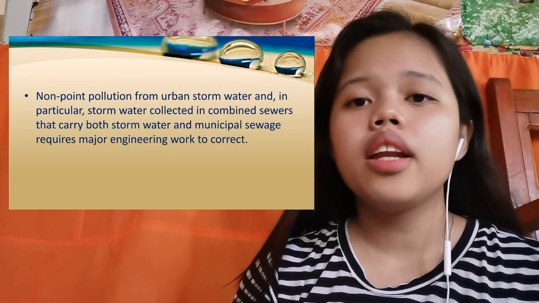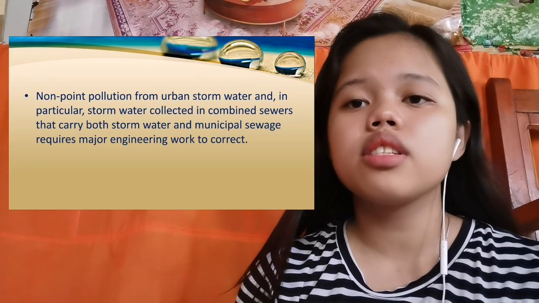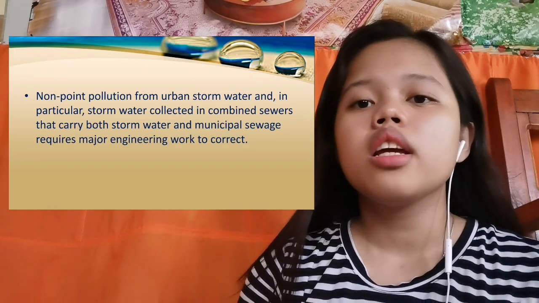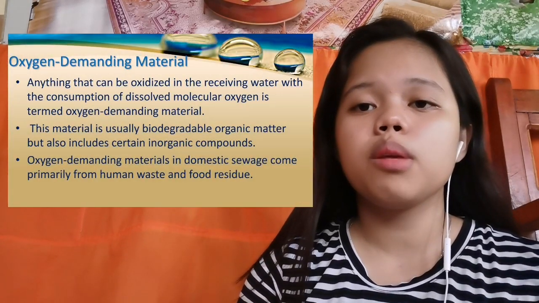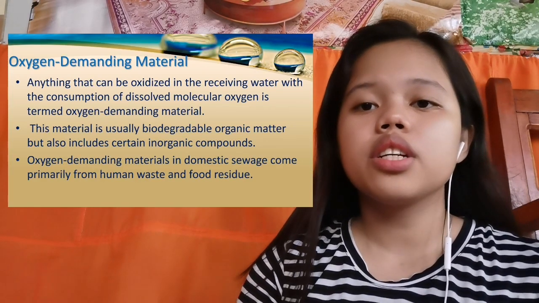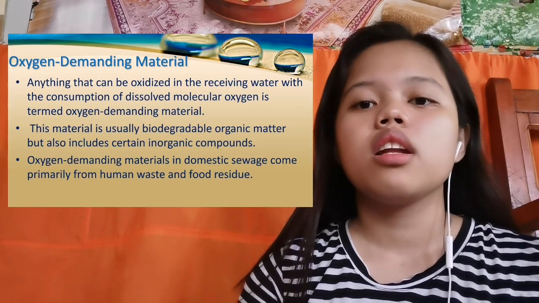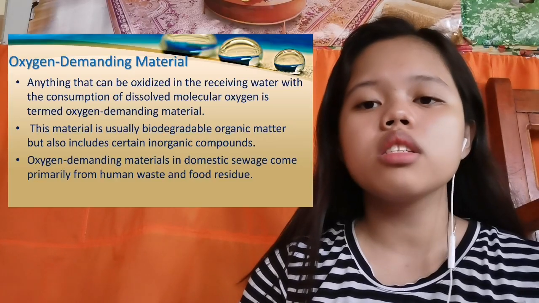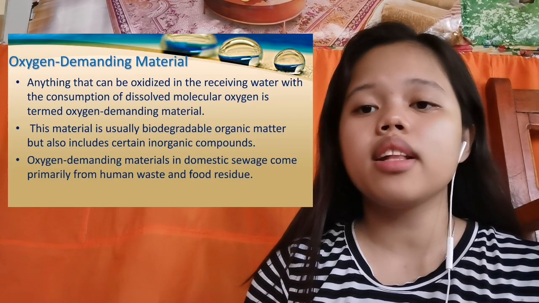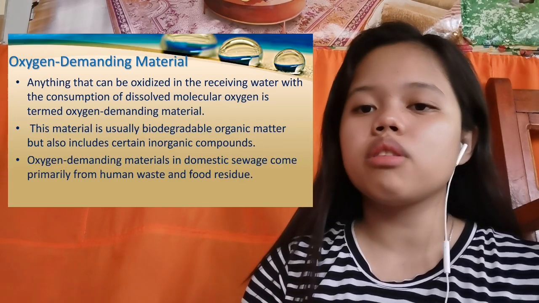Oxygen-demanding material. Anything that can be oxidized in the receiving water with the consumption of dissolved molecular oxygen is termed oxygen-demanding material. This material is usually biodegradable organic matter but also includes certain inorganic compounds. The consumption of dissolved oxygen poses a threat to fish and other higher forms of aquatic life that must have oxygen to live.